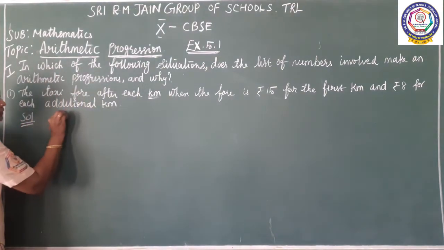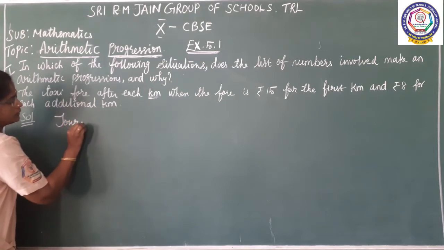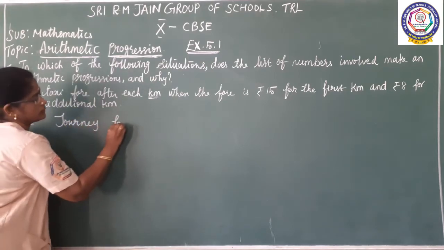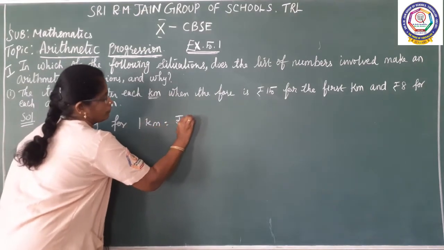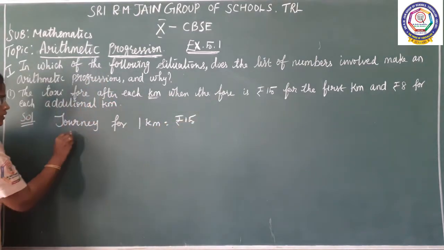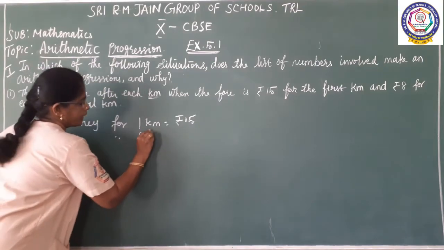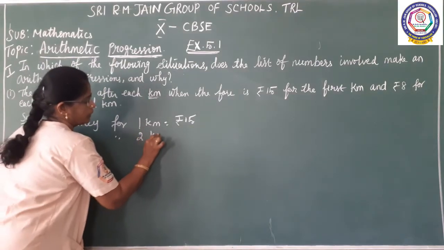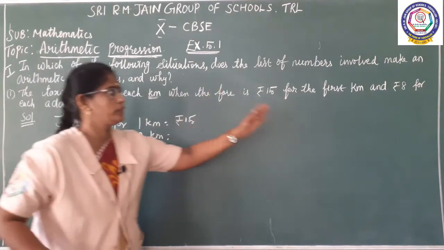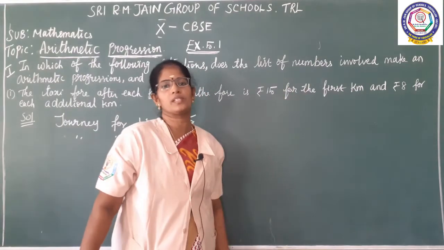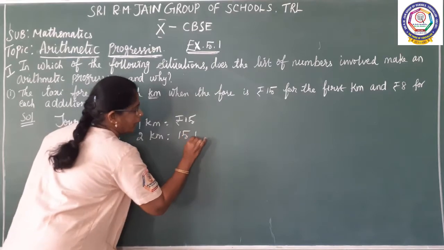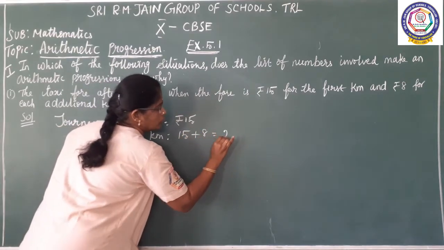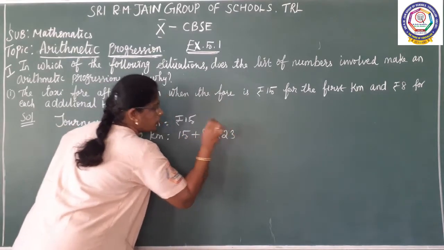Solution. Journey for first kilometer, rupees 15. So journey for second kilometer. After the additional kilometer how many rupees is given? 8 rupees. So 15 plus 8 equal to 23 rupees.